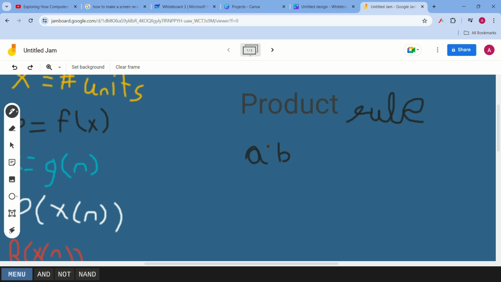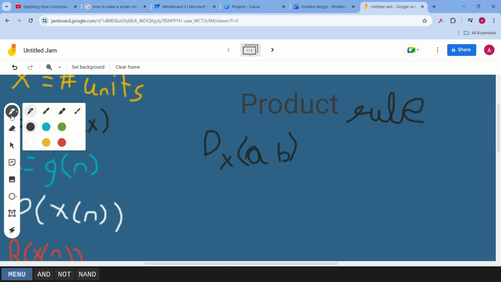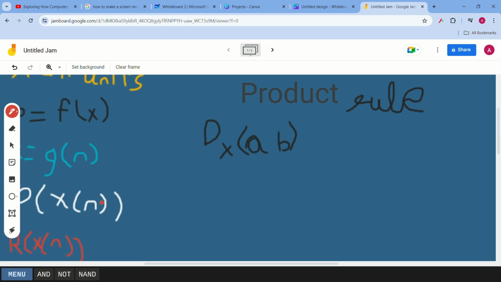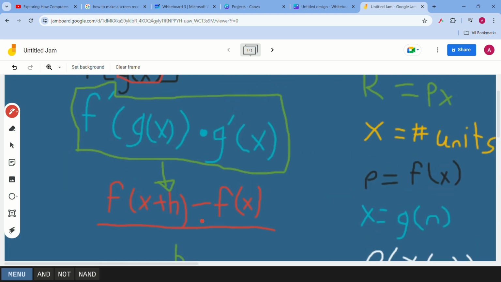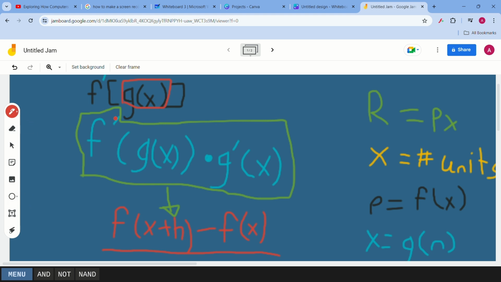And if we wanted to find the derivative of this, which we can write as prime or dy over dx, we can write this as a times b prime plus a prime times b.